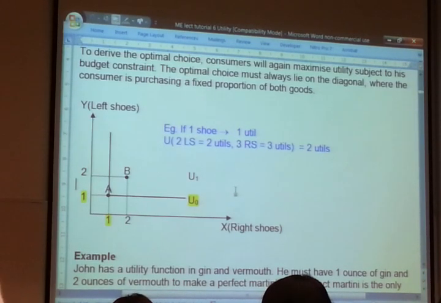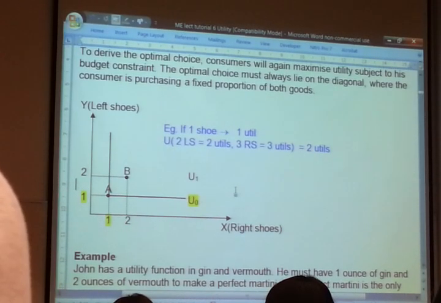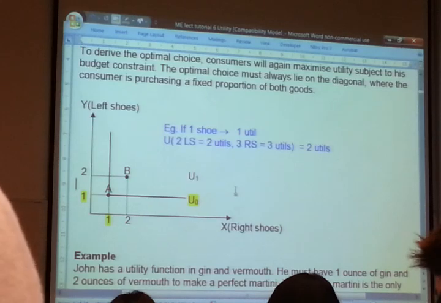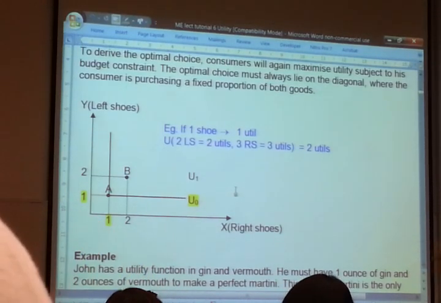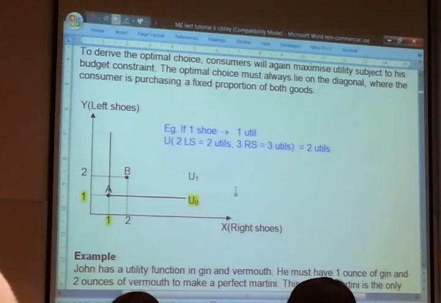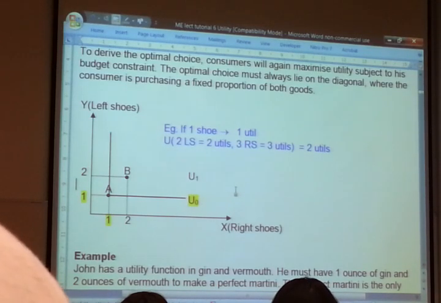That's assuming you're two-legged. So any two-legged person will find this extra right shoe useless unless you have 3 legs. Then you can wear it on the 3rd leg. Right. So assuming that all of us have 2 legs, this is redundant. So when y equal 1, if x equal 2, the utility still U naught.